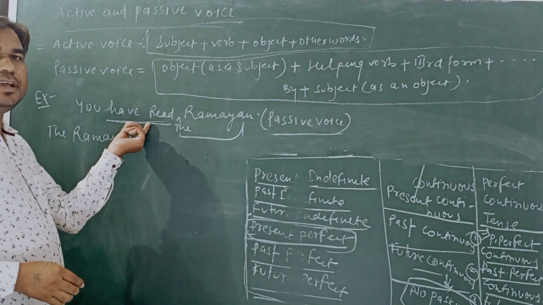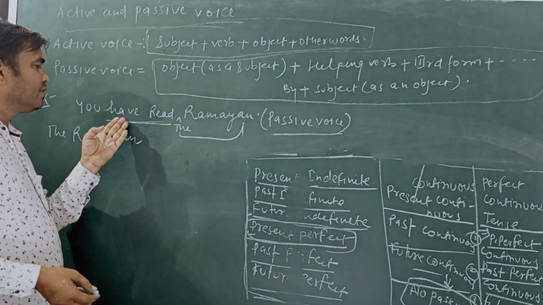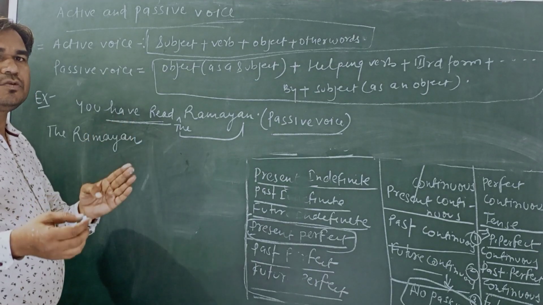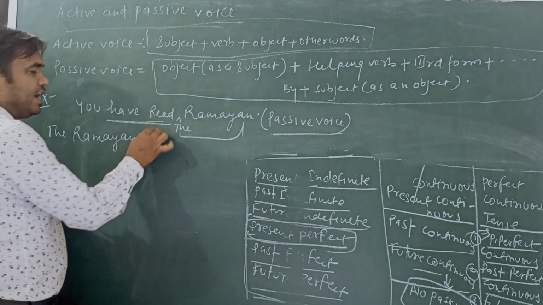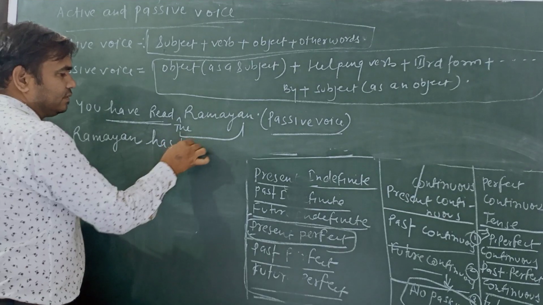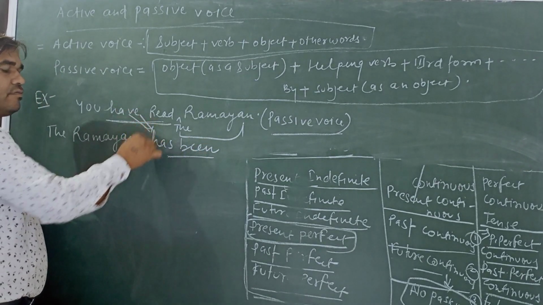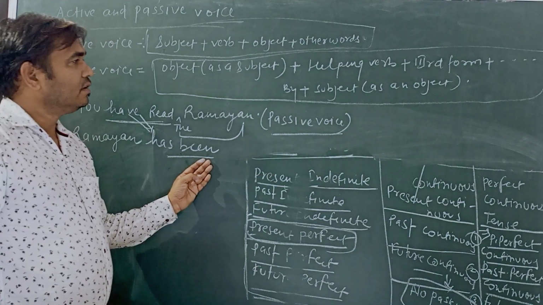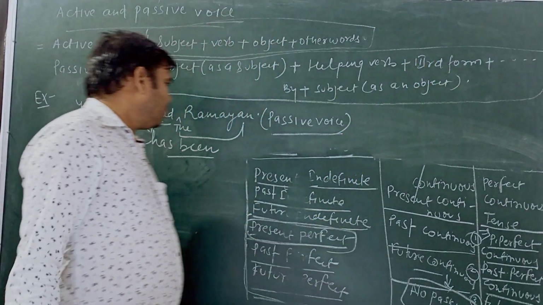After that we need the helping verb, and the helping verb here is the present perfect tense helping verb, so we take accordingly: "Ramayana has been". That is the next sentence's helping verb, "has been", and after that the third form of read.